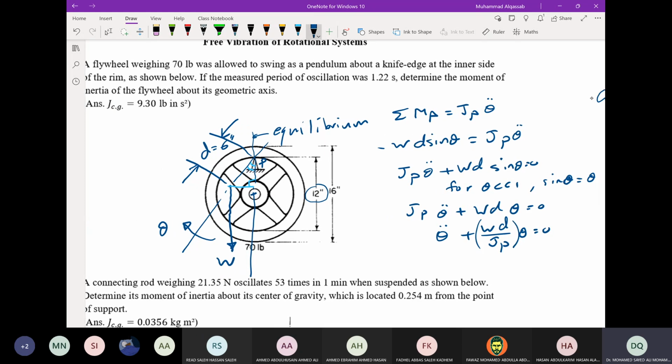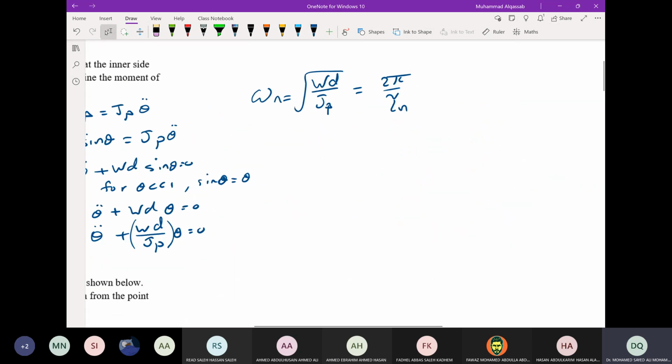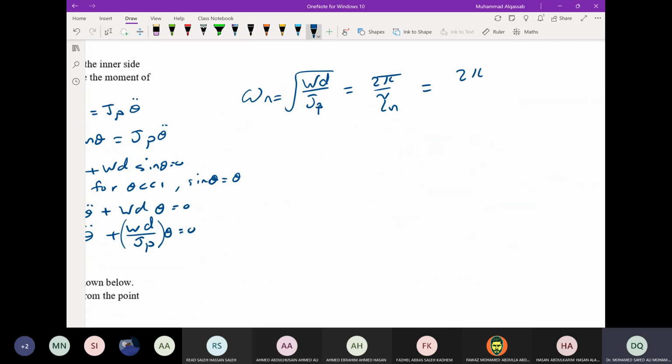The measured period of oscillation of the wheel supported on the knife edge at point P is found to be 1.22 seconds. So omega_n can be calculated from tau_n, which is 2 pi over 1.22.